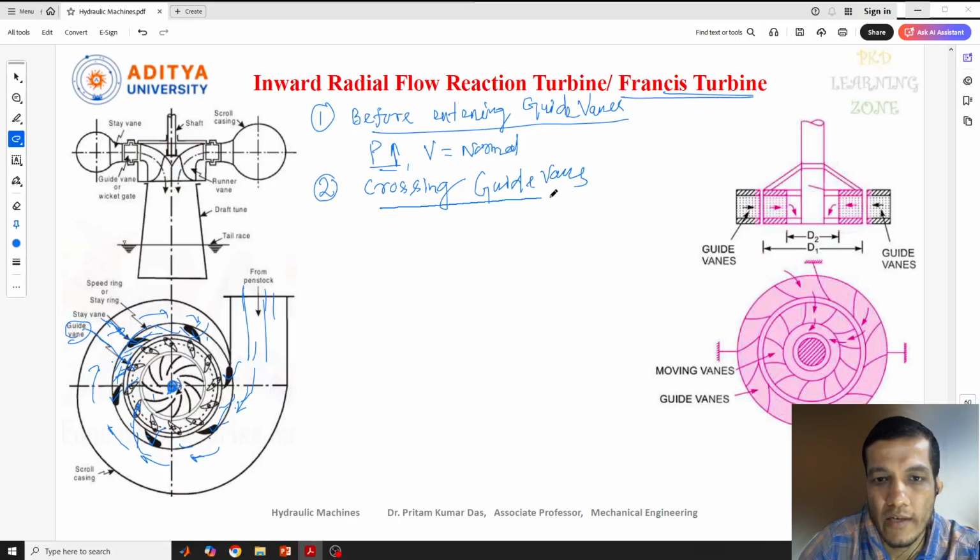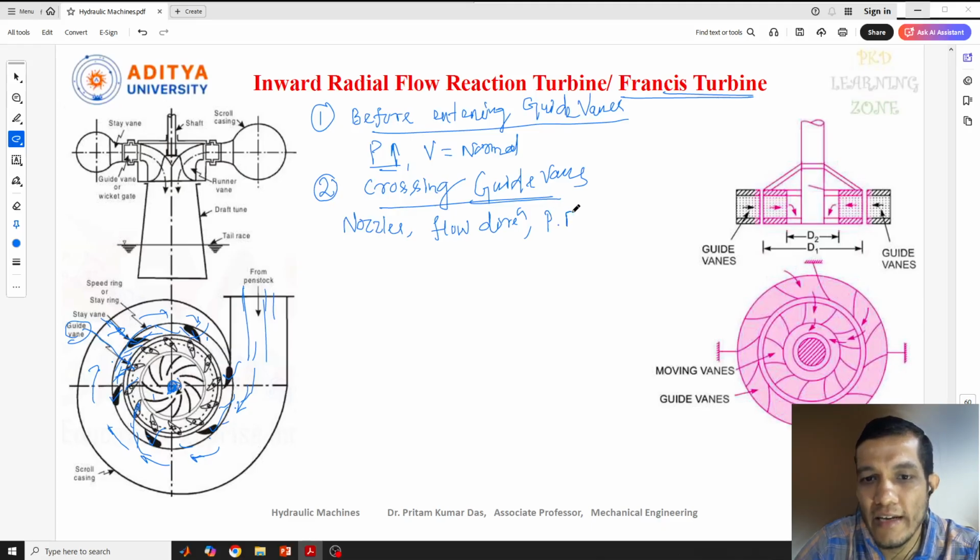The guide vanes actually act like a nozzle, which will control the flow directions, and it also partially converts the pressure energy to kinetic energy. This is actually partial, not full.